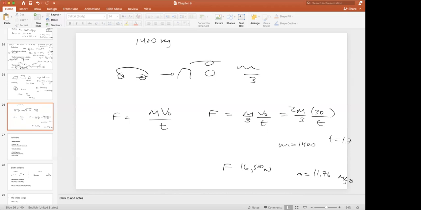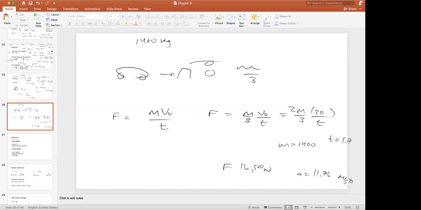Now what's going on here is the pieces that fly away take momentum with them, okay? So the momentum involved in the collision ends up only being 2/3. The mass involved, only 2/3 of the mass is now involved in the collision. The impulse only needs to stop 2/3 of the momentum of the car before the collision.